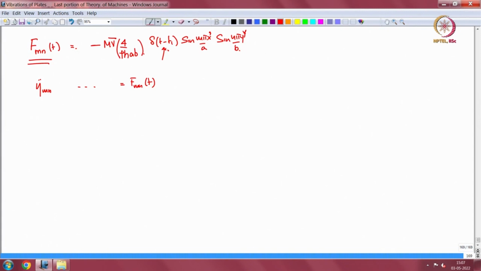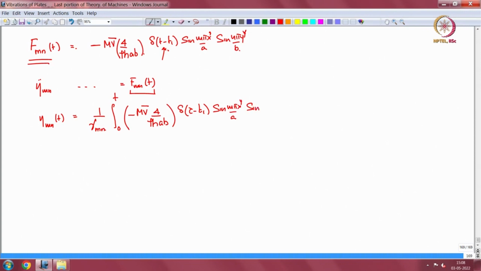Okay. So if initial conditions are 0, then my eta mn of t is 1 over gamma mn integral 0 to t, this thing at tau, which is minus mv bar 4 by rho h a b with tau as the argument, delta(tau minus t1) sine m pi x star by a sine n pi y star by b, okay, then e to the minus zeta mn omega mn (t minus tau) sine gamma mn (t minus tau) d tau.